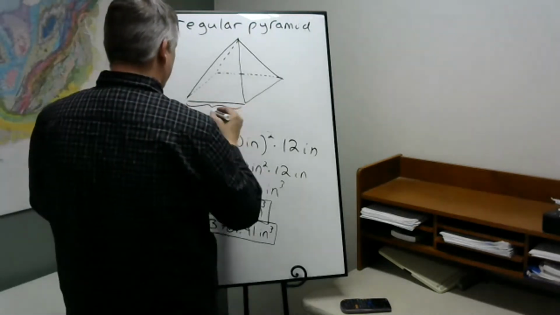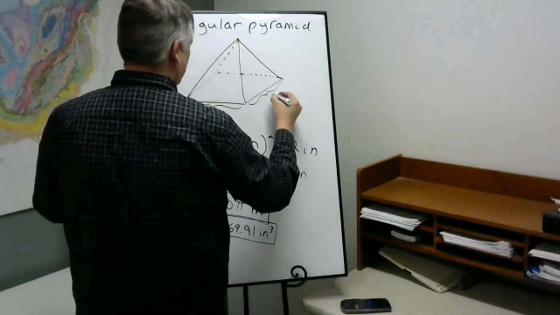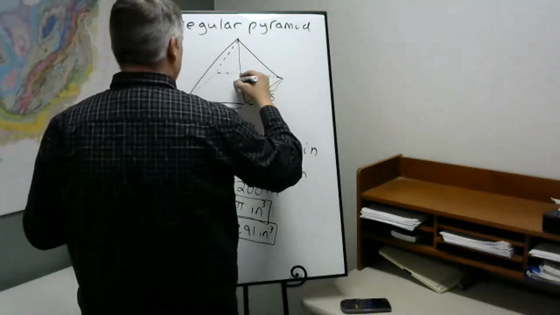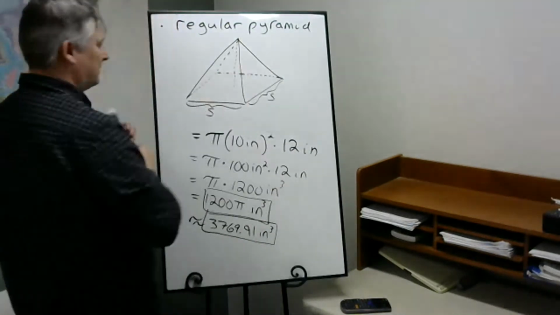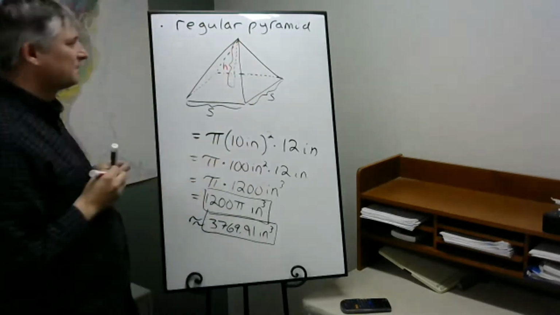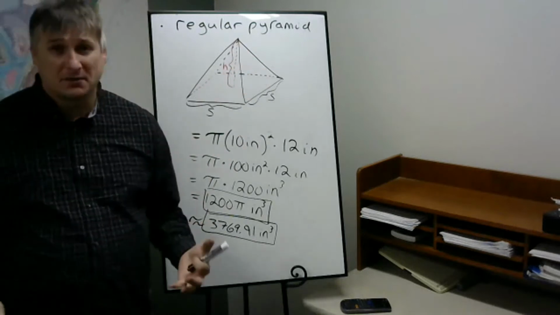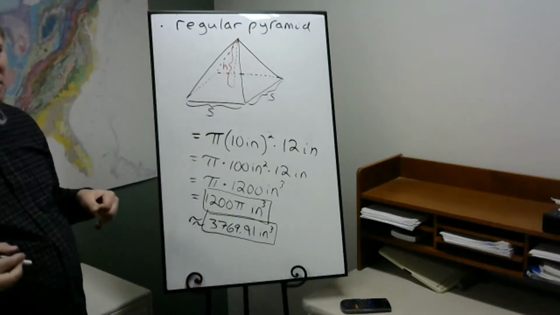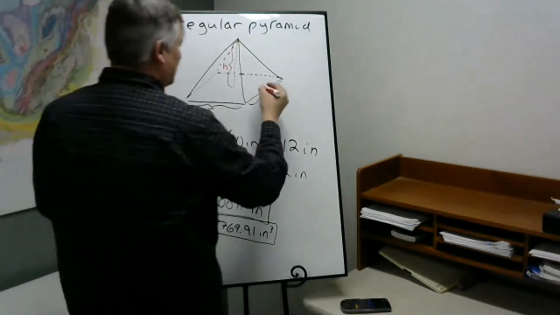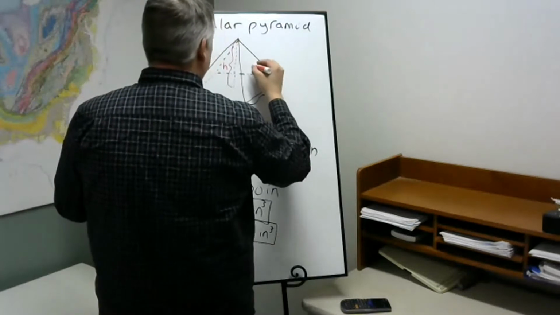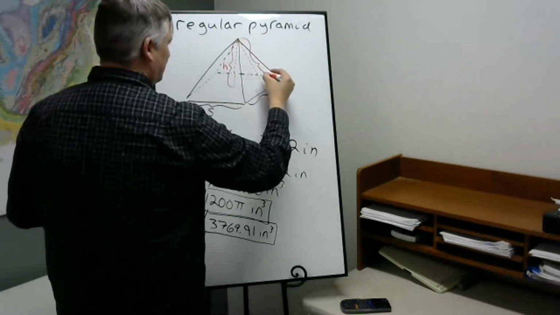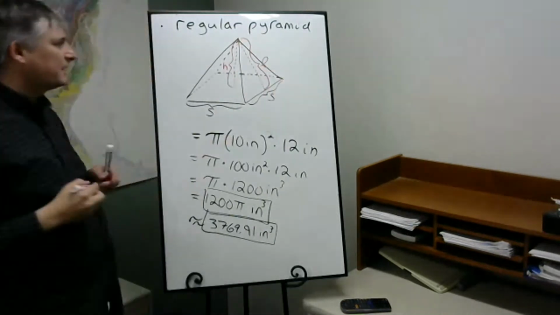So we're going to have S and S. We're going to have a vertical height H. And sometimes they'll draw the vertical height from the outside of the pyramid. But then we're going to have the slant height. Slant height, you take the middle of one of these sides and draw a line vertically to the top of the pyramid, it's going to have a length of L.